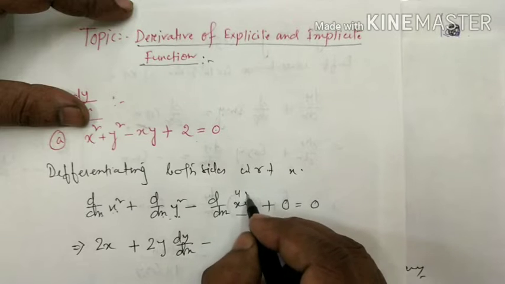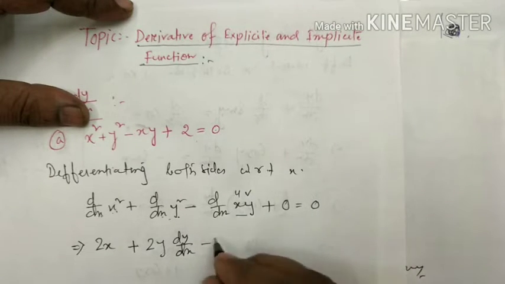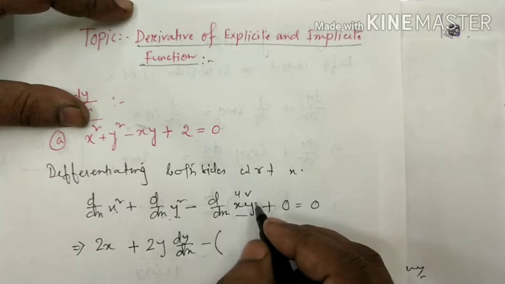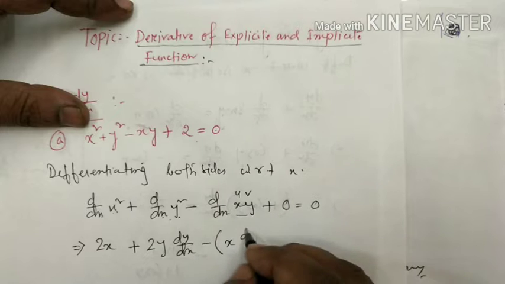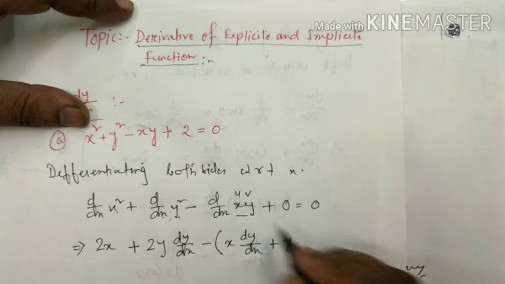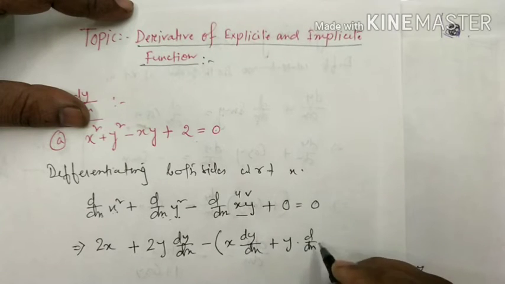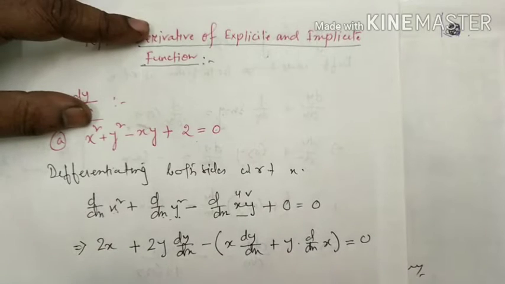If you take this as u and this as v, then you can apply d/dx of u into v formula. What is the formula? Give a bracket, u into d/dx of v plus v into d/dx of u. u means x, x into d/dx of y means dy by dx, plus y into d/dx of what? x, and the right hand side is 0.